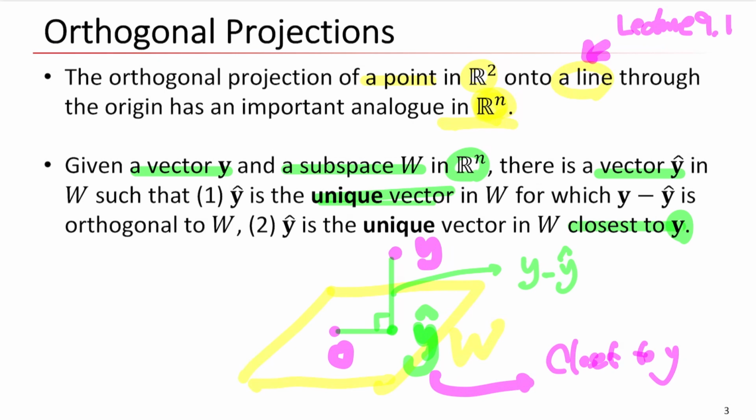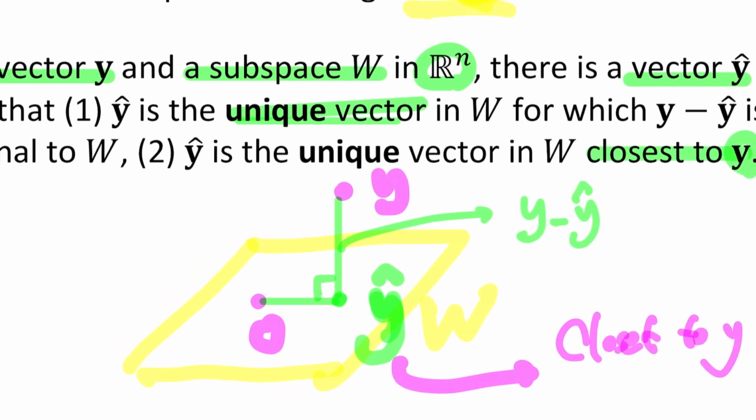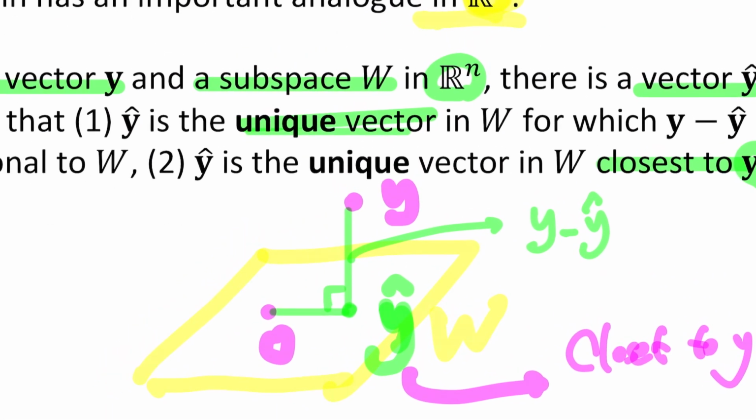So what is the orthogonal projection? Given a vector y and a subspace W in Rn space, there is a vector y hat in W such that y hat is the unique vector in W for which y minus y hat is orthogonal to W, right? And y hat is the unique vector in W closest to y. If you can see this figure, there is one subspace W here, and there is another vector y outside of this subspace.